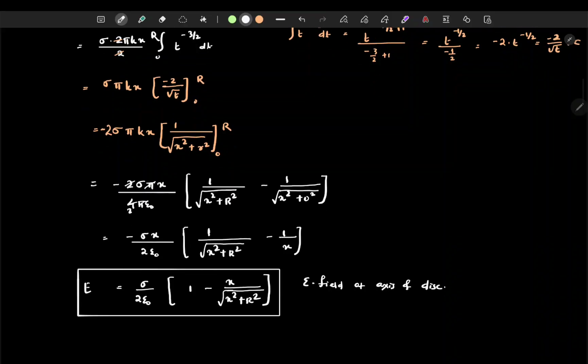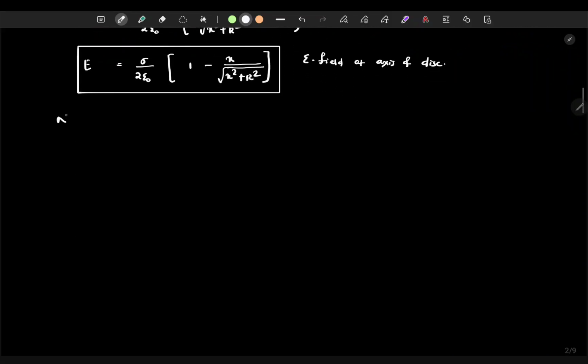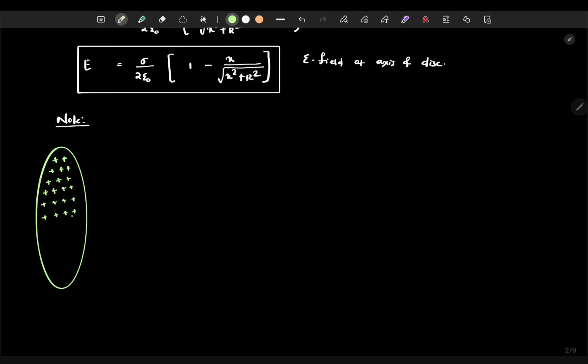Now let us take a special case. Just imagine, if the disk is of infinite size, this is our charged disk, and our point of observation P is at a distance x from the center O. When point P lies very close to the disk, we treat the disk as an infinite disk, with radius capital R.